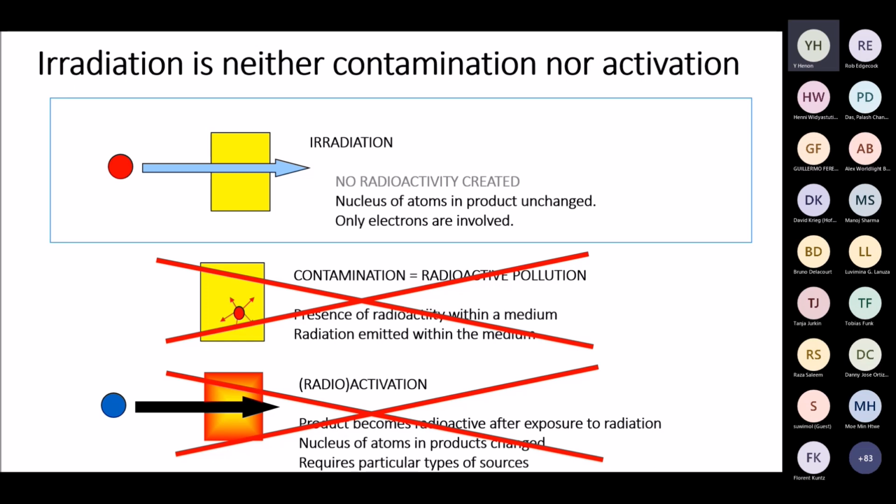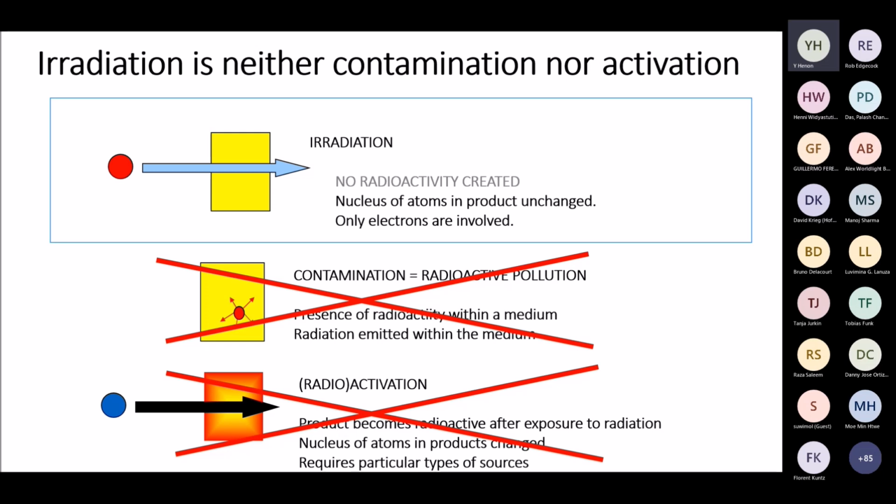The simple explanation is that the ionizing radiation will affect only the electrons, so not the nucleus itself, and it will not destabilize the atom, so it will not make the product radioactive. This has nothing to do with radioactive contamination. There is no transfer of radioactivity in the product, and there is no emission of radiation from within the product after irradiation.